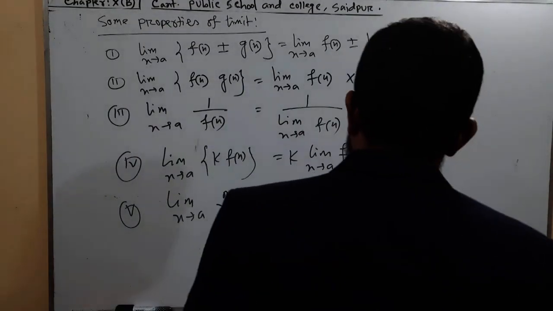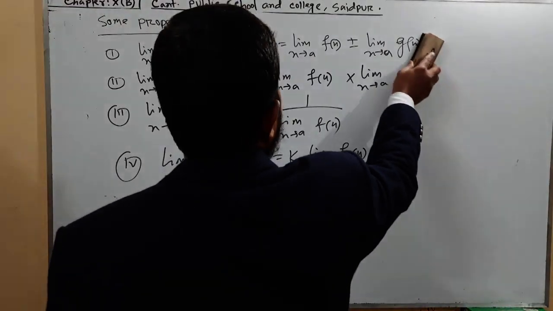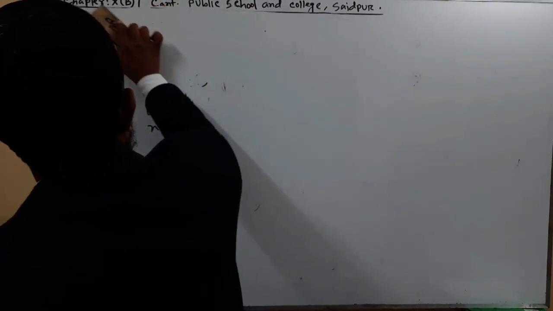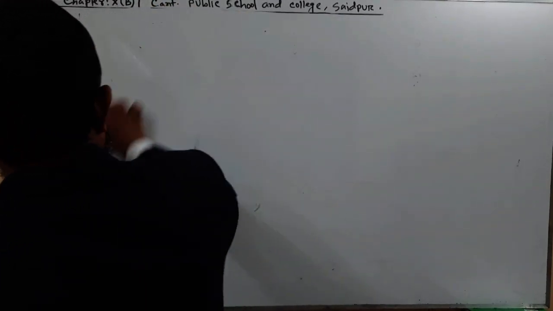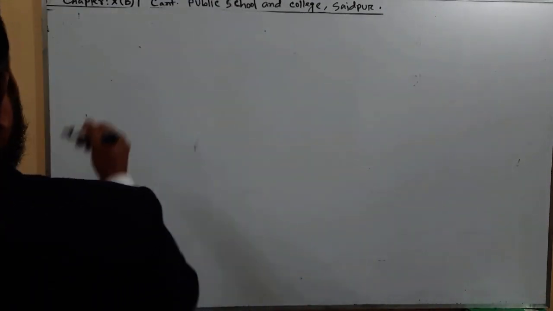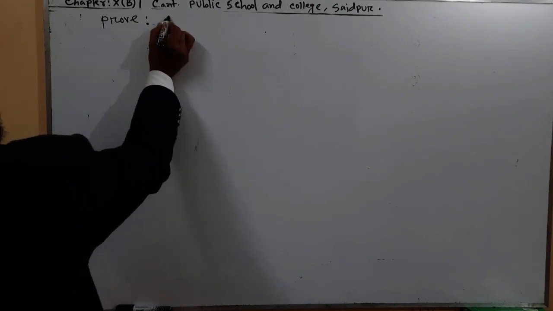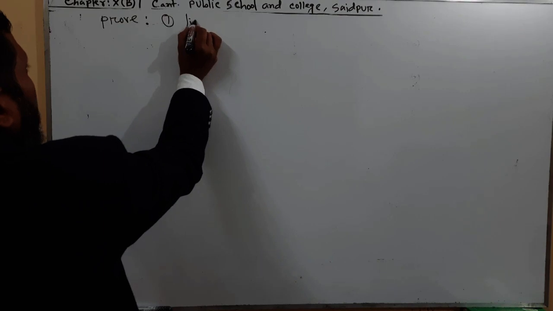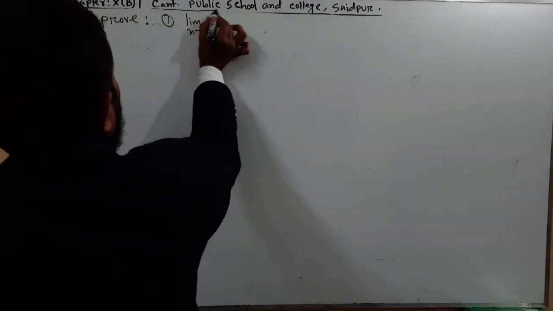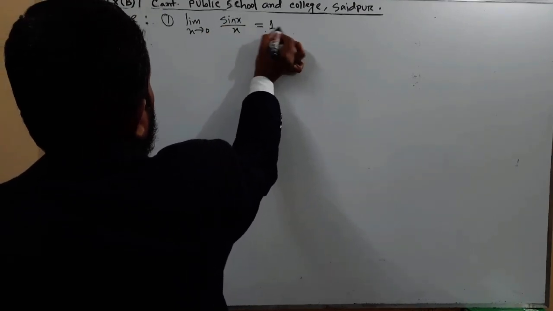Now I will prove one useful limit. I'll prove this: limit x tends to 0 of sin x by x is equal to 1.